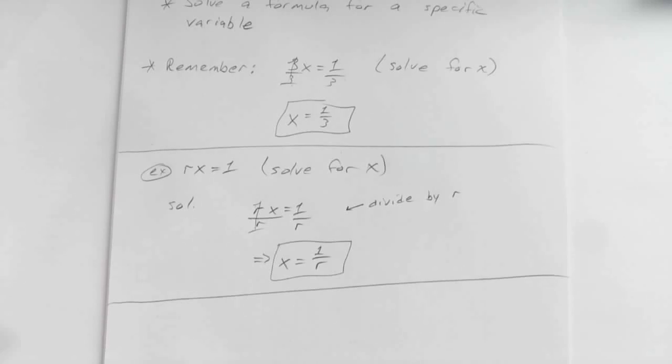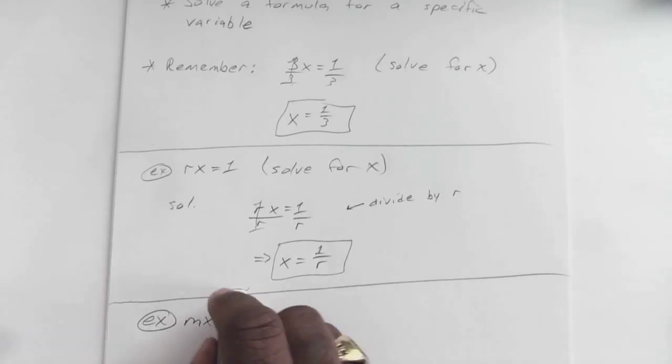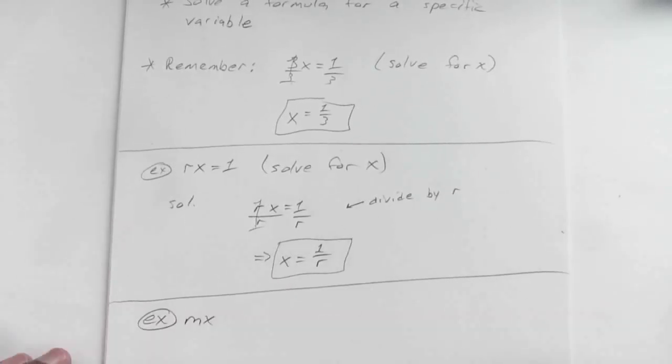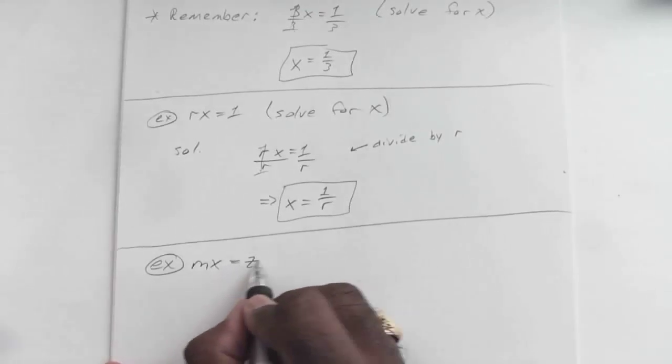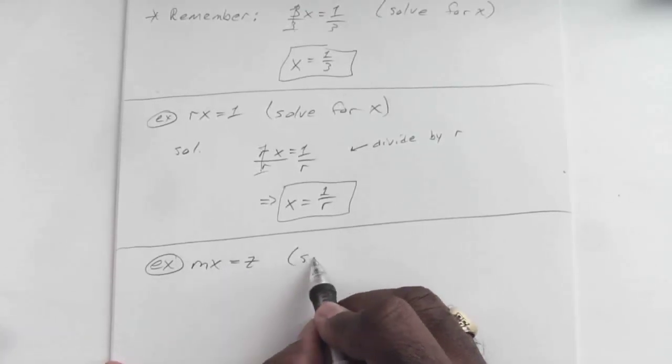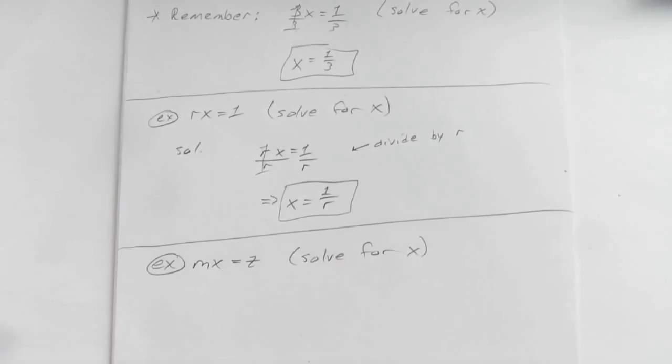Okay, so what if you had an example with no numbers at all? Let's say you have m times x equals z, and you wanted to solve for x. Exact same process.